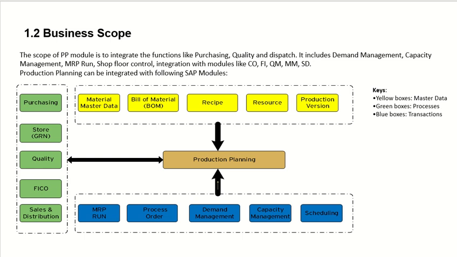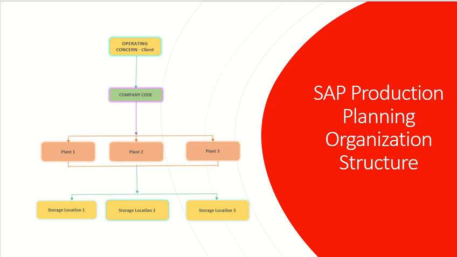The transactions are directly related with purchasing, store, quality, FICO, and sales and distribution. And the processes include running MRP, material requirement planning, process order, demand management, capacity management, and scheduling. So these are the business scopes that come under SAP production planning.